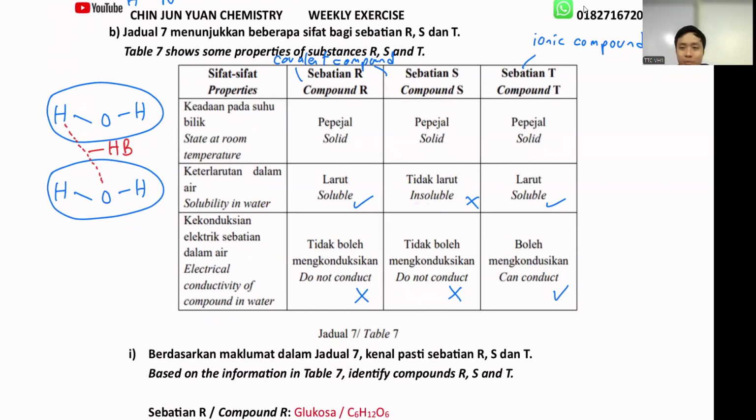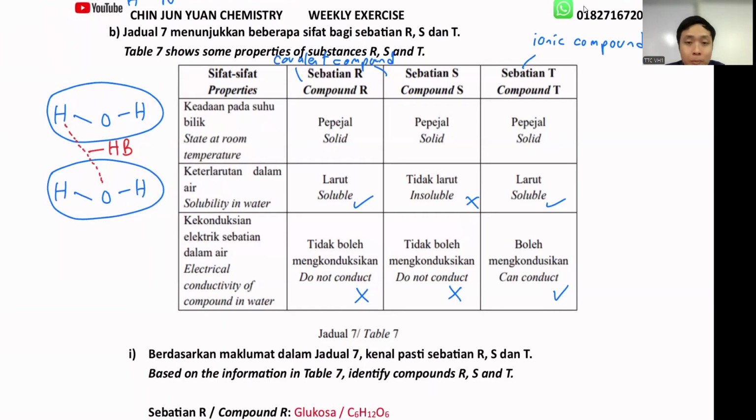Now, normally carbon dioxide gas at room temperature is gas, so not acceptable. So it's a bit hard, right? So the answer that can be accepted normally is the giant covalent compound, like diamond, like silicon dioxide.